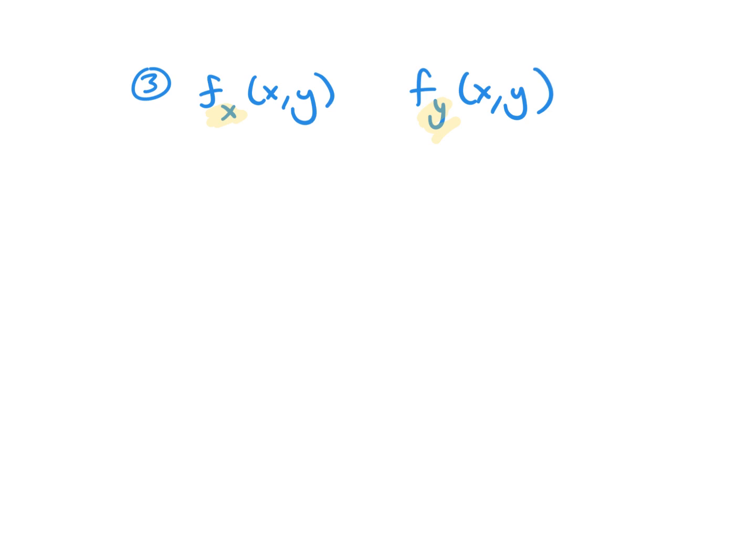All right, so for 3a, we've got, oops, didn't want that. Okay, so 3a, we have xy squared plus x squared y plus xy.